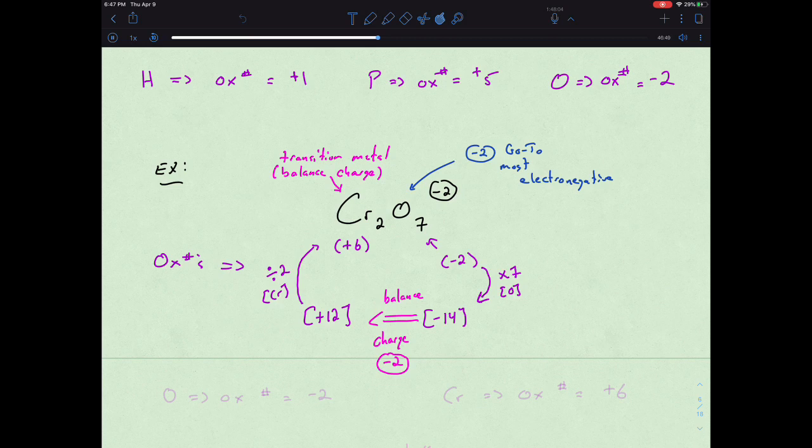So our oxygen, its oxidation number is equal to -2, and we see that quite a bit since oxygens are very electronegative. Chromium, its oxidation number in this case is equal to +6 as a result.